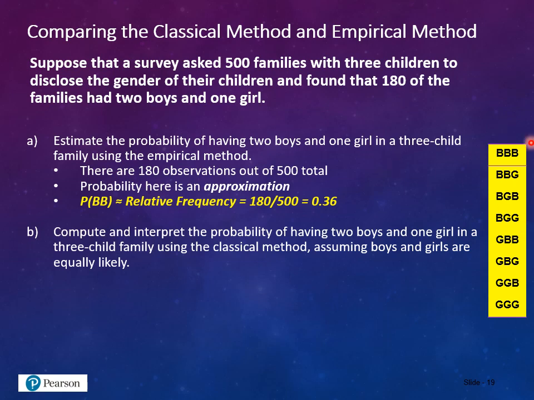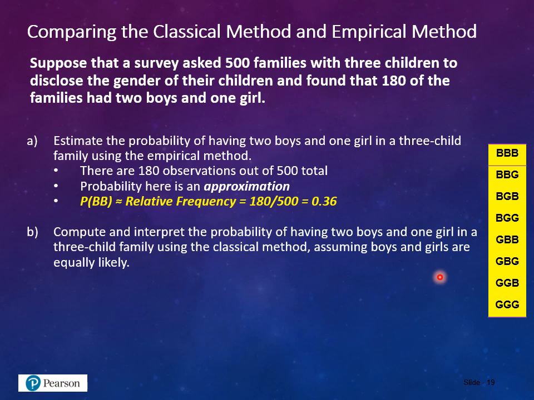So here we can see that the sample space has 8 members, and we're looking for specific outcomes that have 2 boys and 1 girl. So we can see that there's 1, boy, boy, girl, 2, boy, girl, boy, 3, girl, boy, boy, and I think that's it from what I see.